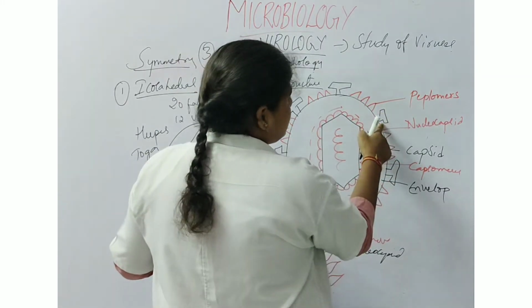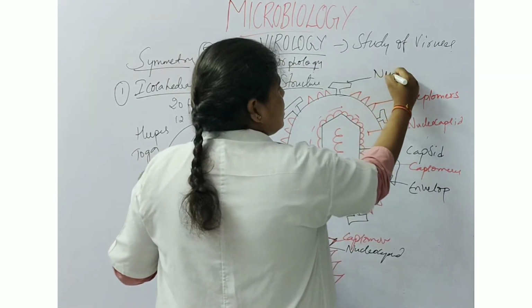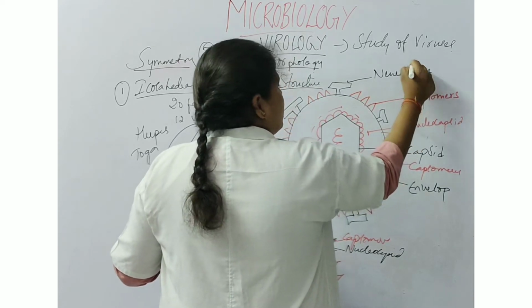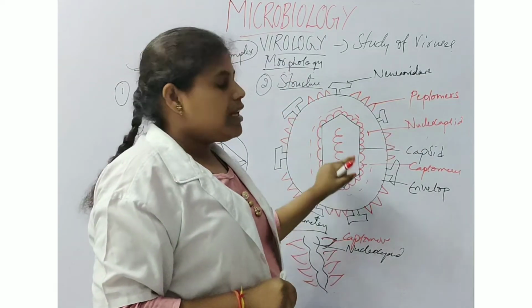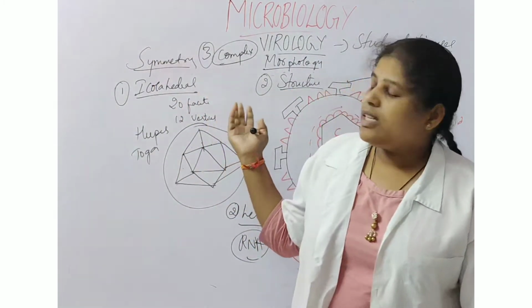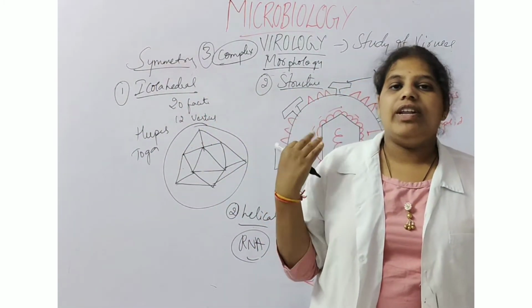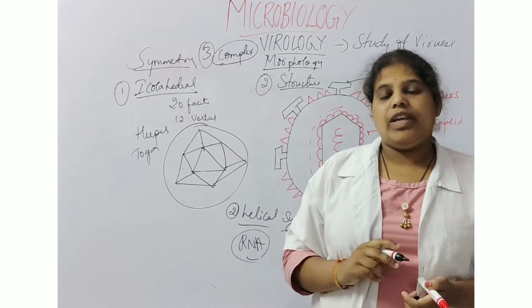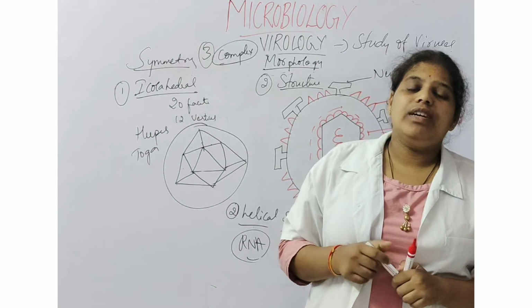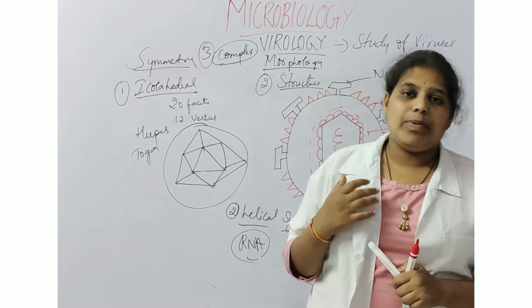These structures all help in protecting the virus. And in symmetry we have icosahedral, helical, and complex symmetry. So this is about the structure and the properties of a virus.